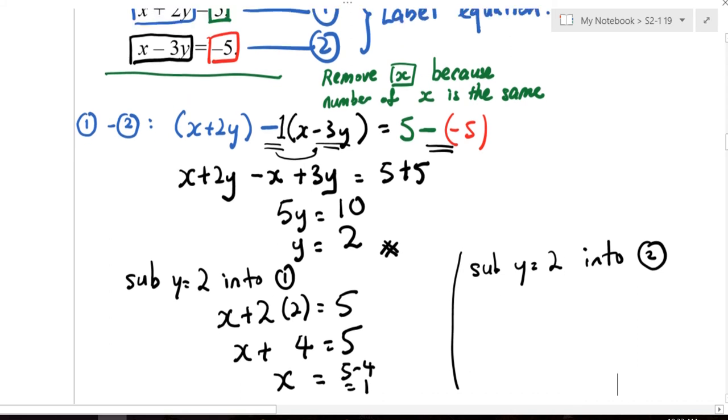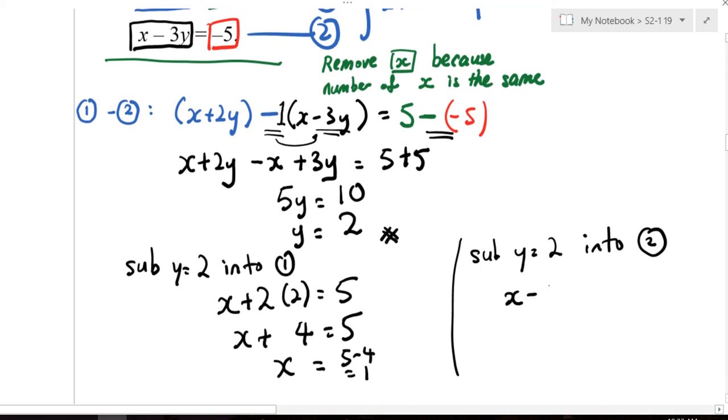Atlee, if I sub y equals to 2 into equation 2, what do I write? X minus 3 bracket 2 equals negative 5. I'll answer your question later, you write down. So x minus 6 is equal to negative 5.